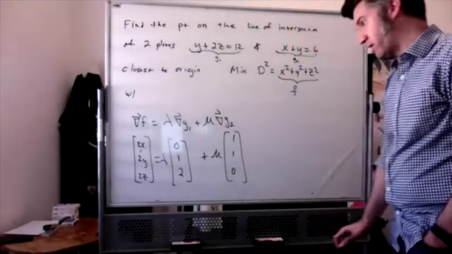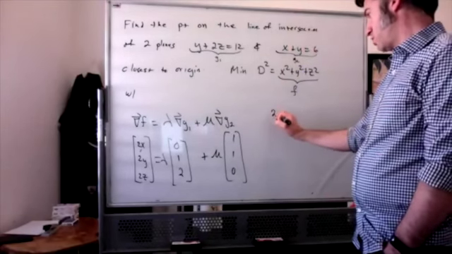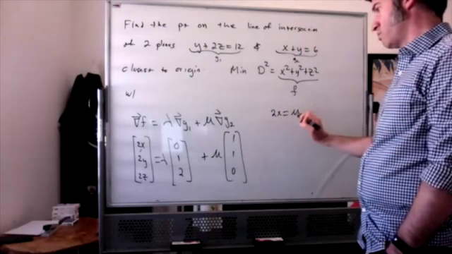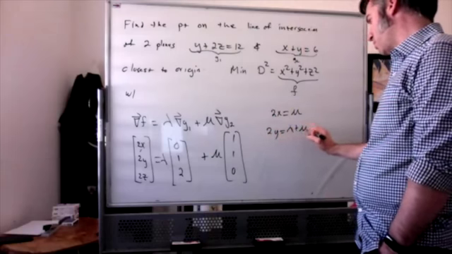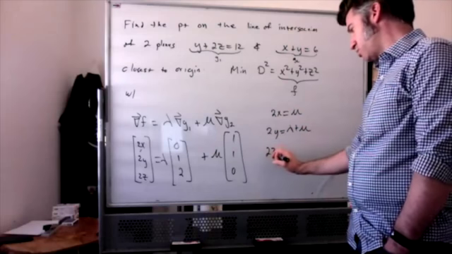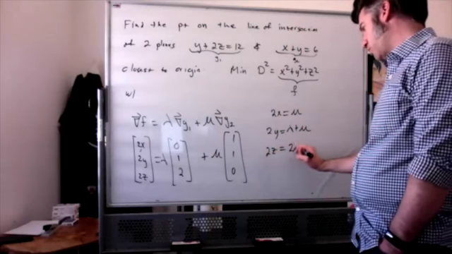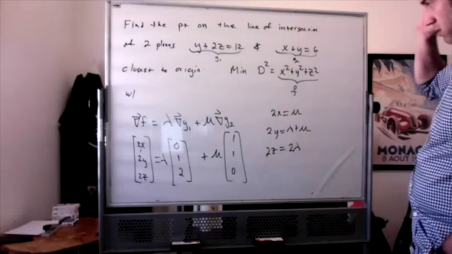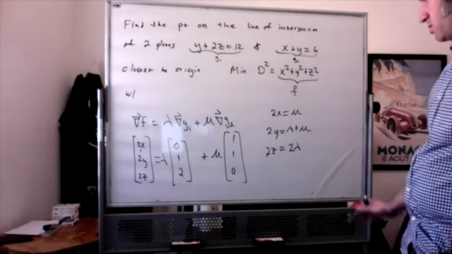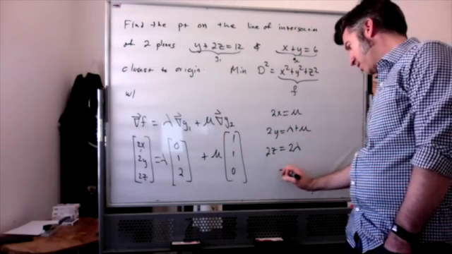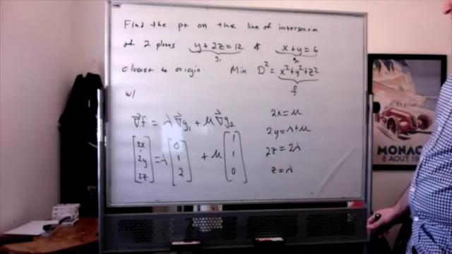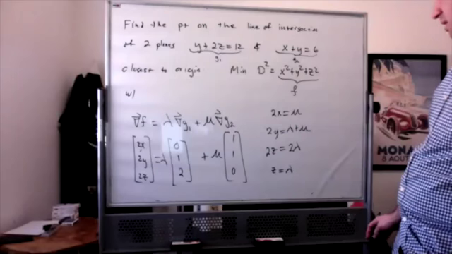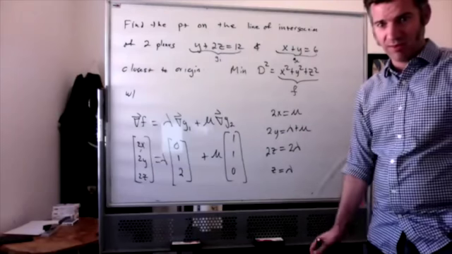Okay, so here are our equations. 2x equals mu. 2y equals lambda plus mu. And 2z equals 2 lambda. So I would say lambda equals z. This always gets a little tricky, how do we solve this?